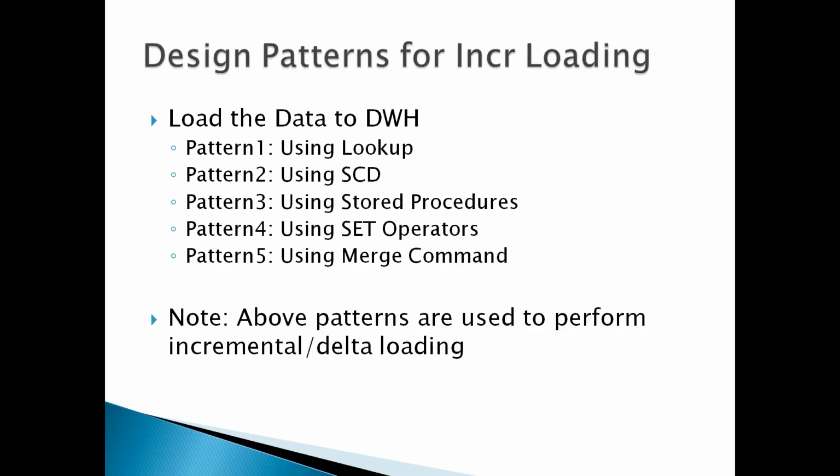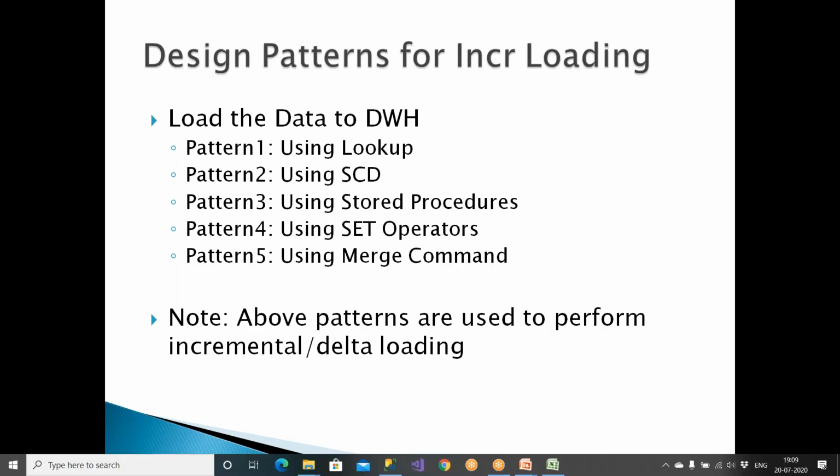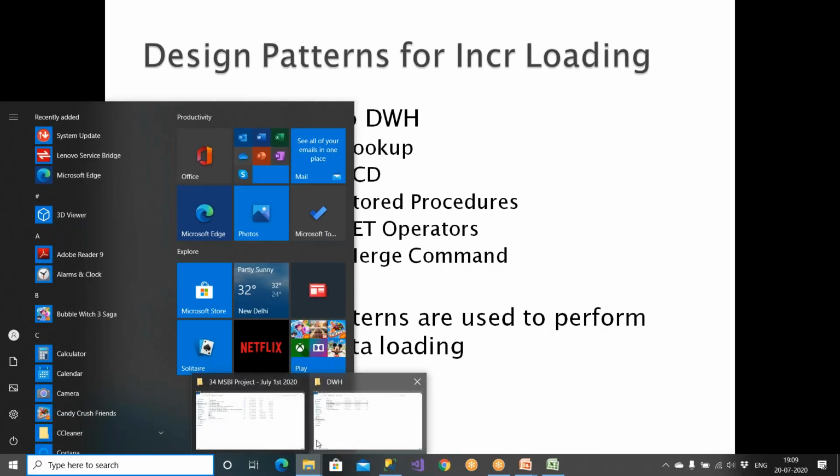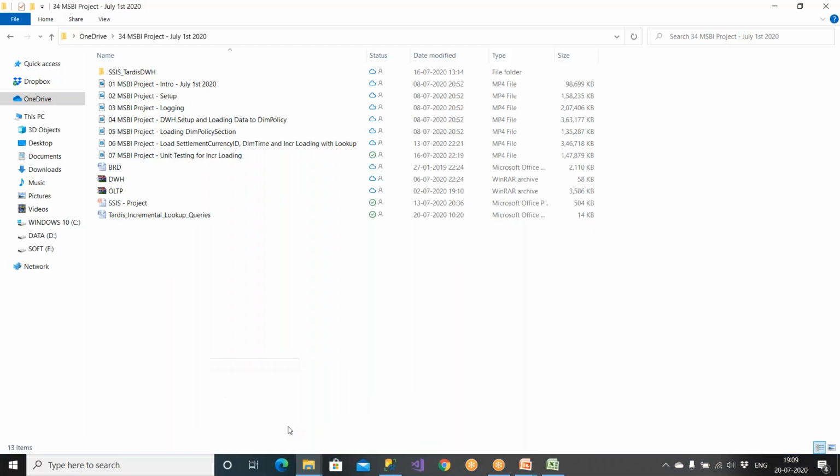After that, we had done the testing, whether whenever you insert any row into the TARDIS, it is going to the destination or not. If you're not able to do it, then I had given some scripts in your OneDrive. You can open the script, TARDIS incremental lookup queries.